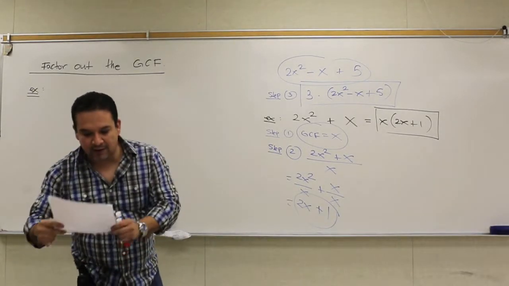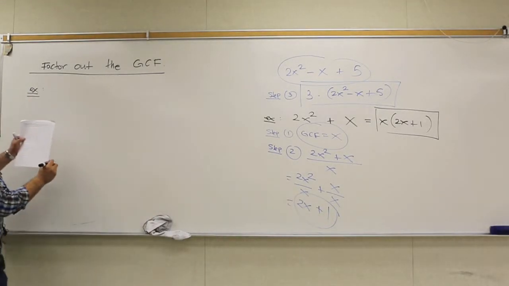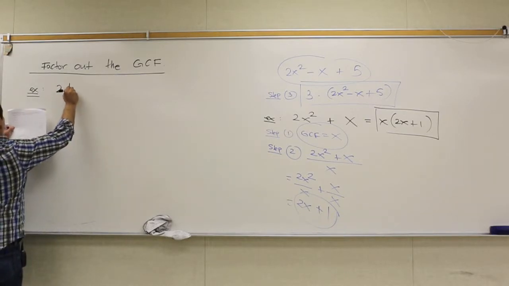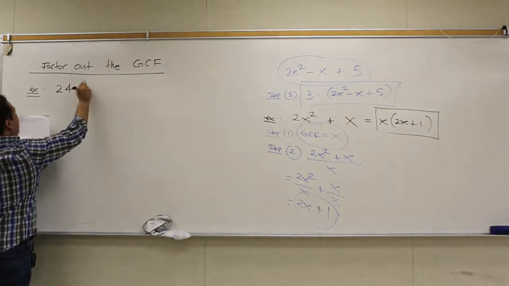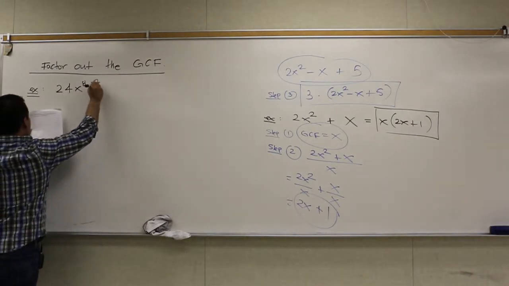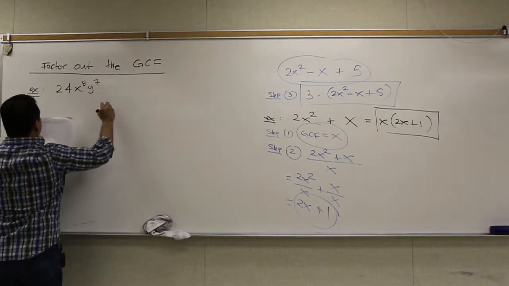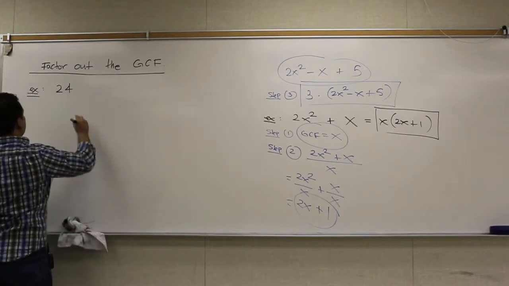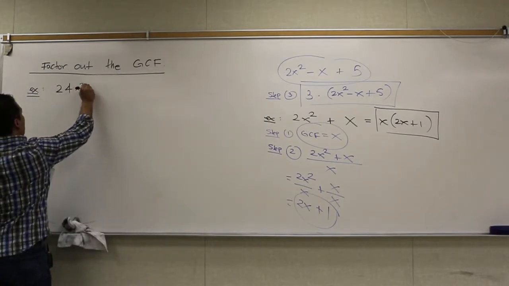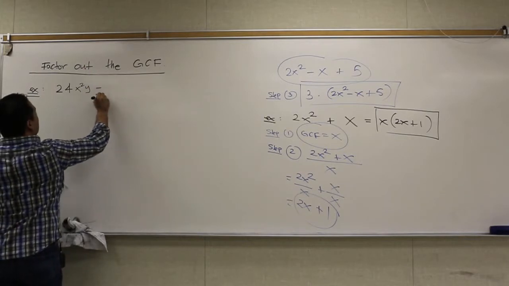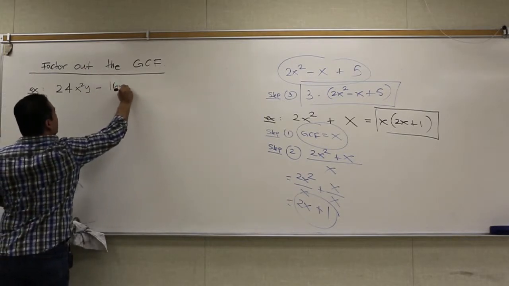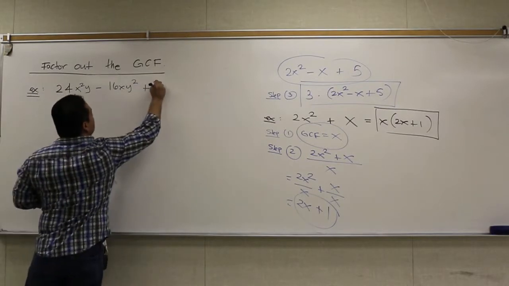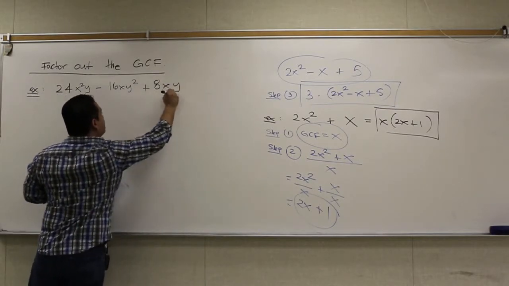Okay, here we go. Let's try to look at some of these. How about this? 24 x to the 8th power, y to the 7th power. Let's change this. 24, say x squared y minus 16 xy squared plus 8 xy.